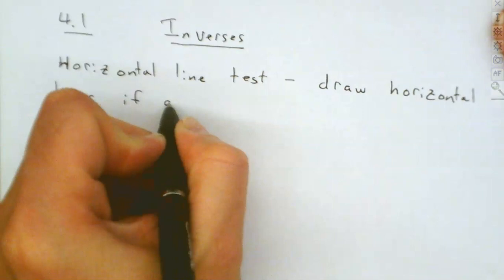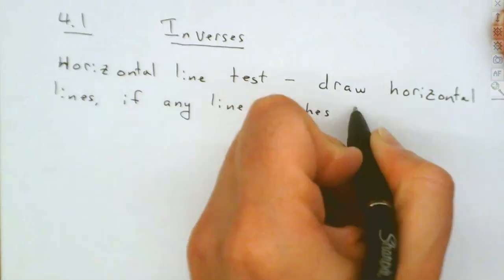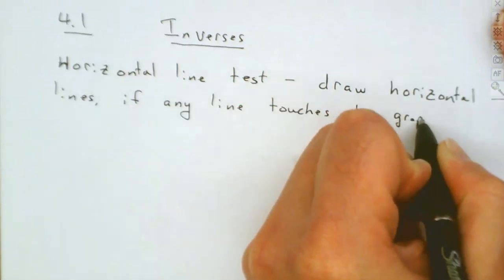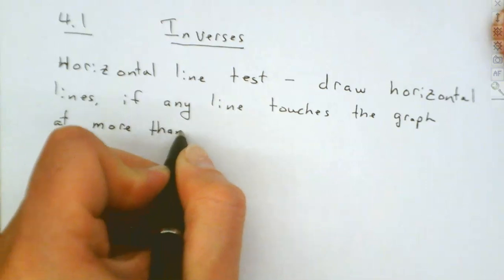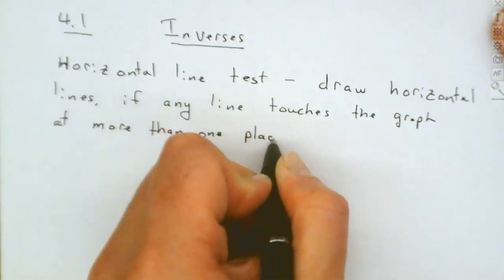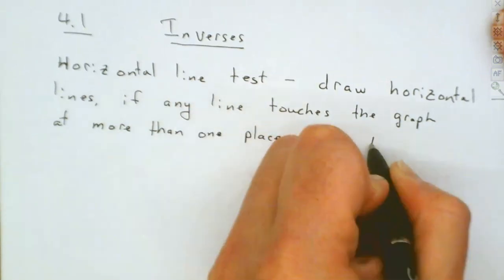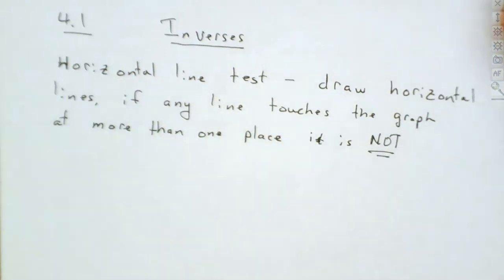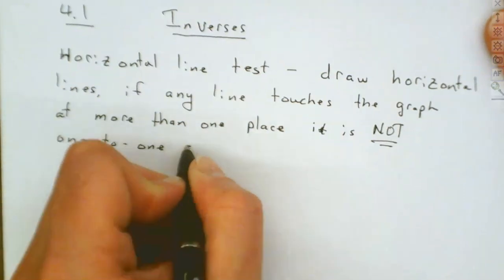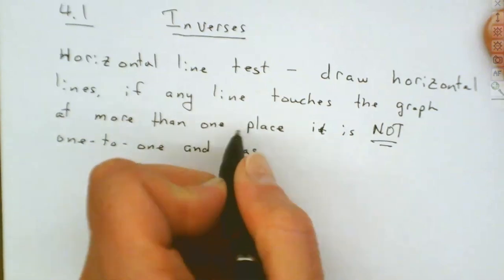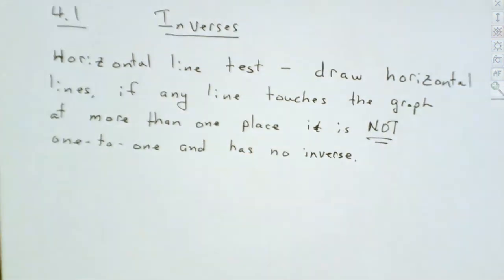If any line touches the graph at more than one place, it is not one-to-one and has no inverse. We'll talk about what the inverse is here in a moment.